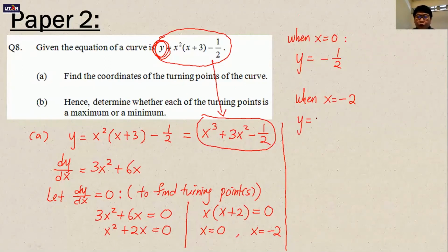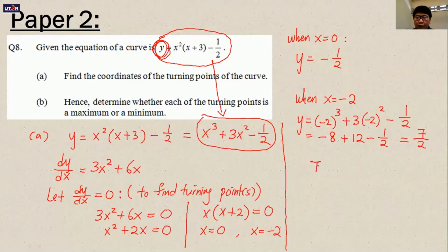So it will equal negative 2 whole thing power 3 plus, be careful with the negative sign again. So the answer will be negative 8 plus 12, 3 times 4, 12, minus 1 over 2. Negative 2 whole thing squared becomes positive 4, so 3 times positive 4. So the final answer is 7 over 2.